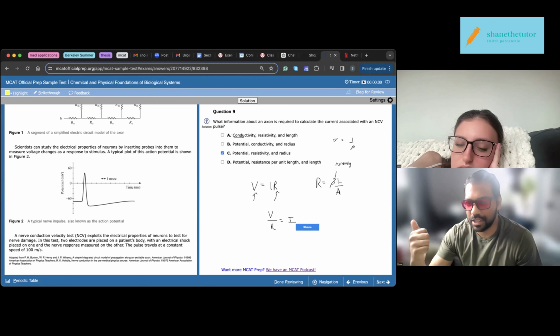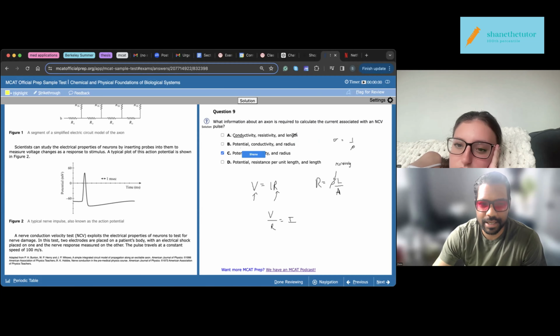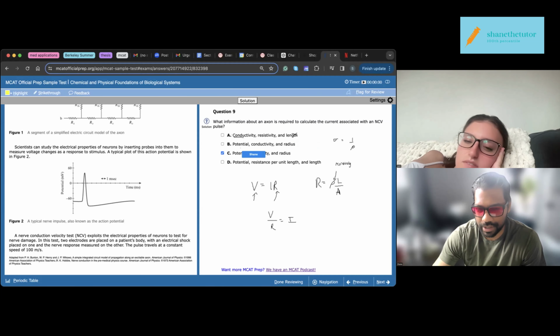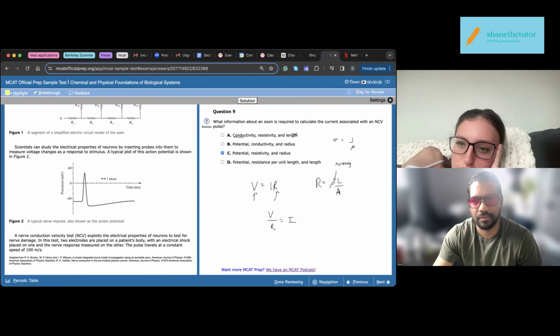So A says conductivity, resistivity, and length. Is that going to help us? No. B says potential. When they say potential, what do they mean? Like potential energy?